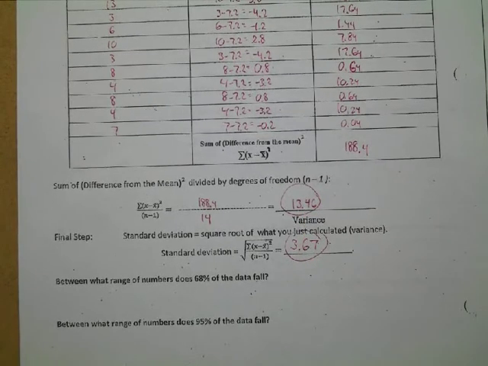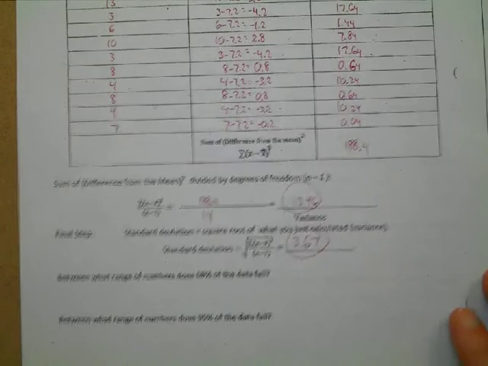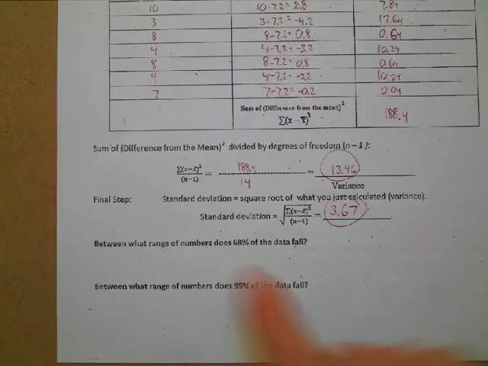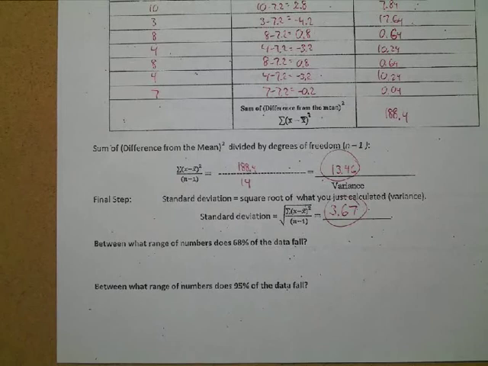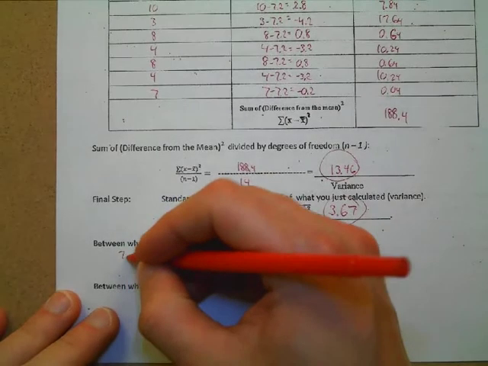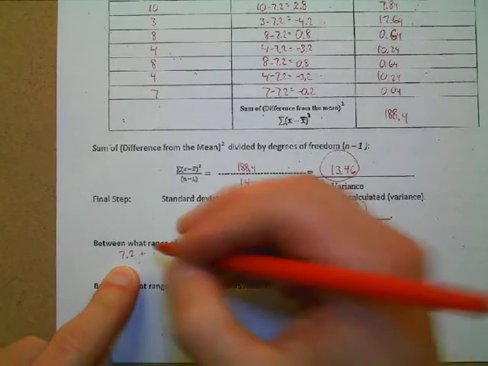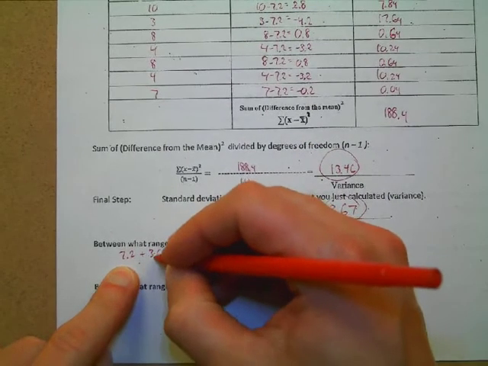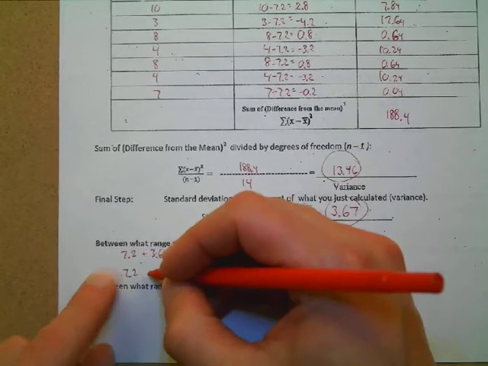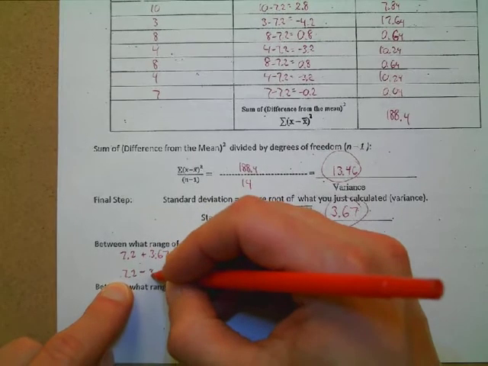Okay? So, if we want to figure out between what range of numbers 68% of the data falls, how many standard deviations do we go to find 68% of the data? One standard deviation from the mean. Okay, folks, we need to know this. 7.2 is our mean, and we're going to add to it a standard deviation of 3.67. Then 7.2 is also the mean, and we're going to subtract 3.67.